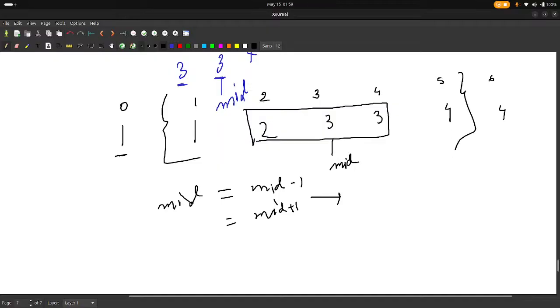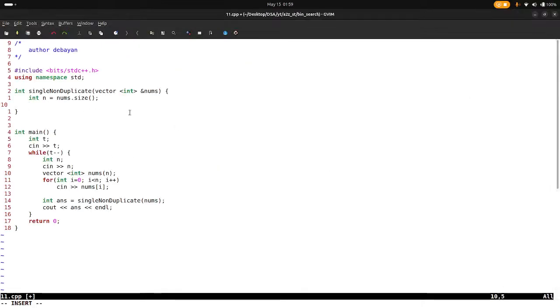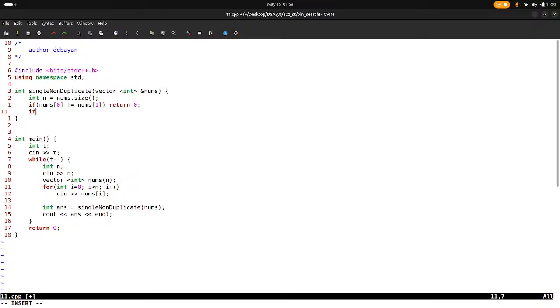While standing here, I cannot check here also, because I think that is the good way to do it. So let's go through this: if nums of 0 is not equal to nums of 1, return 0 as my answer, and if nums of n minus 1 is not equal to nums of n minus 2, return n minus 1.